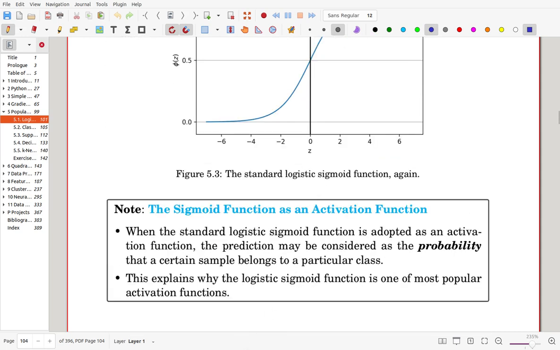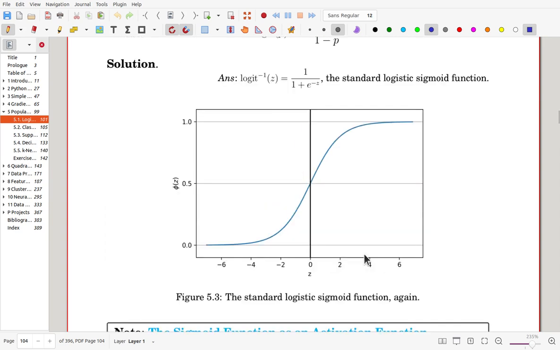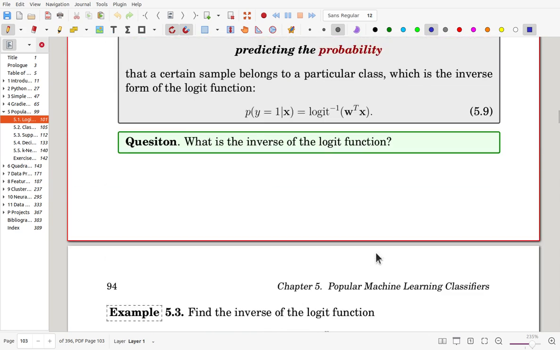So here we have the conclusion. That is the sigmoid function for that input. If you are using the standard sigmoid function, then that becomes the probability. We may consider the output of this activation to be the probability.